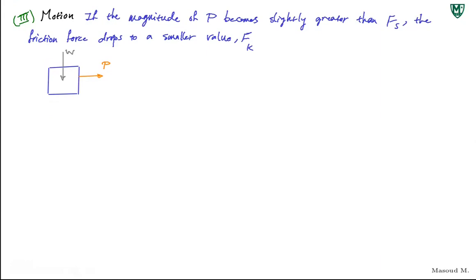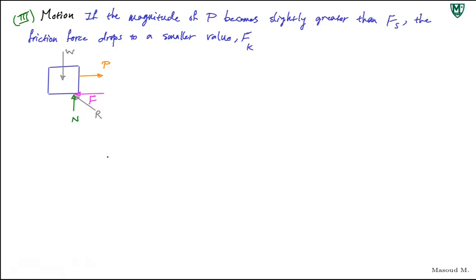This is friction. And then you have your normal force, somewhere here. So let's put the arrows. Friction is always against the direction of the motion. This is your reactive force.